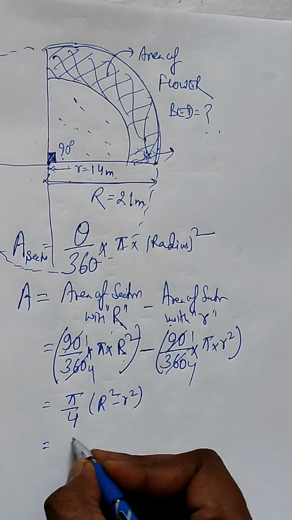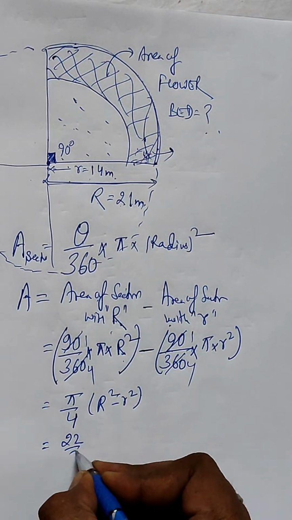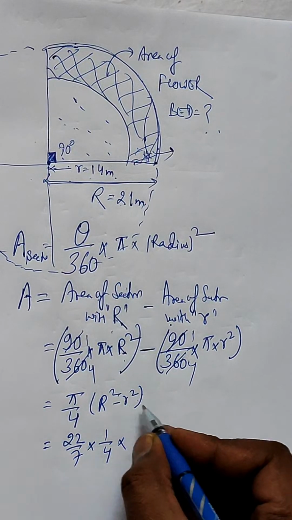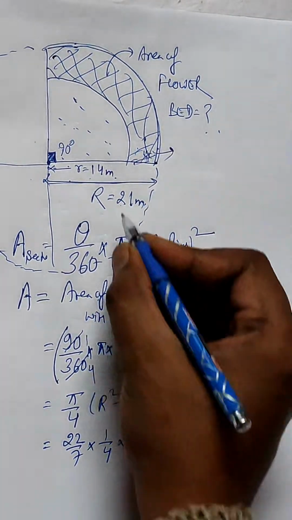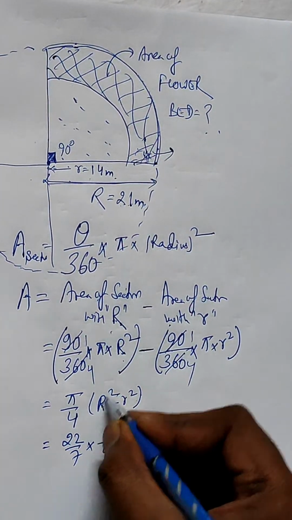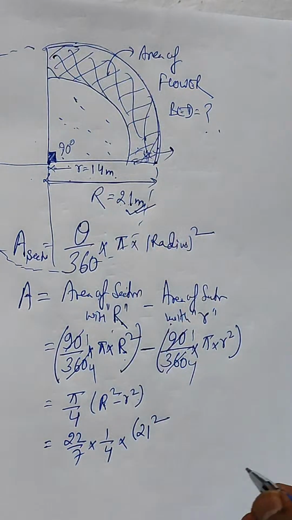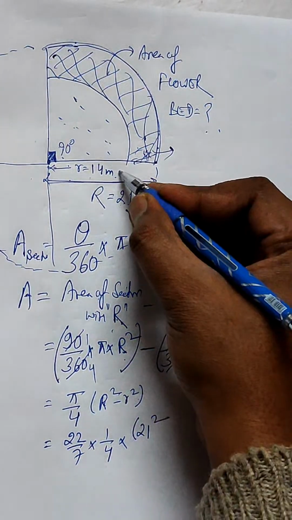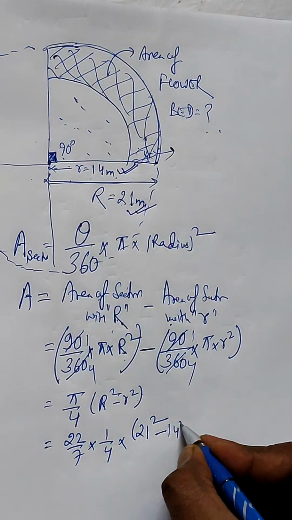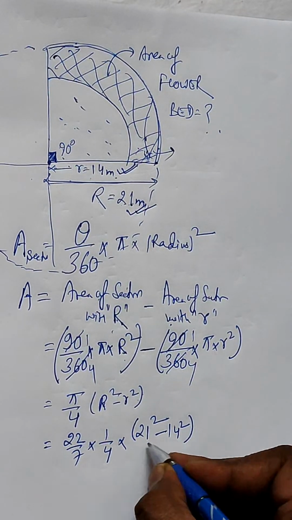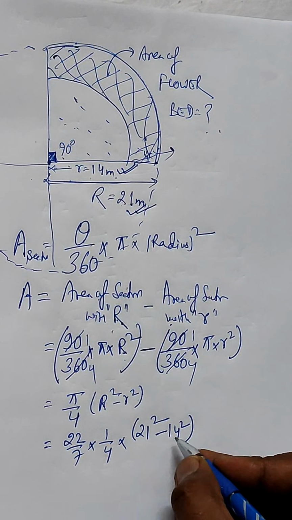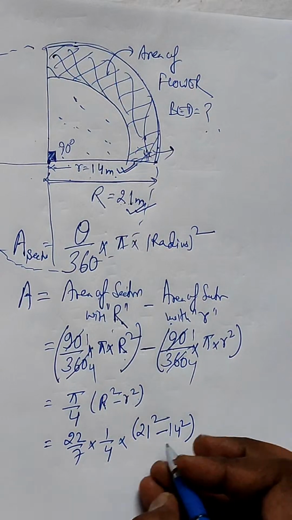And the value of pi is 22 by 7, and 1 by 4 can be written like this. R squared minus r squared will be 21 squared minus 14 squared, because capital R is 21 and small r is 14. Don't go into the calculations. A squared minus b squared is (a plus b) and (a minus b).